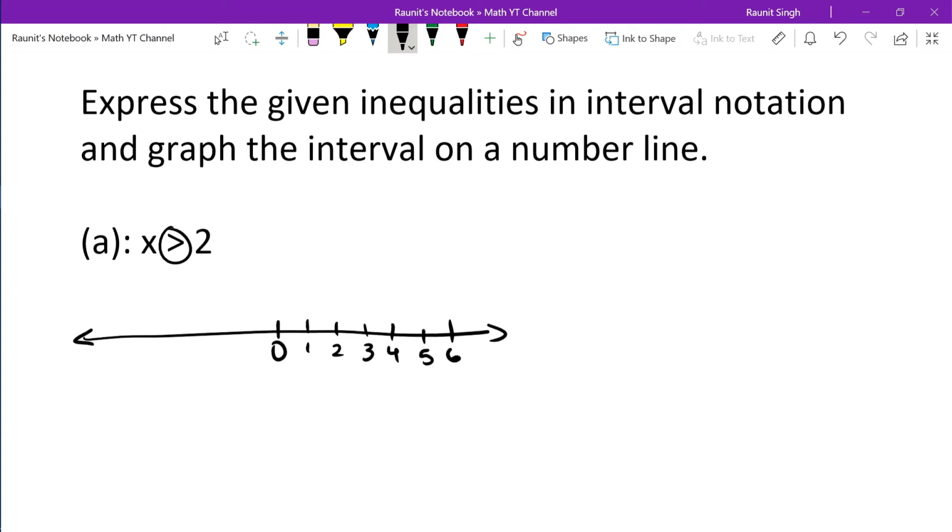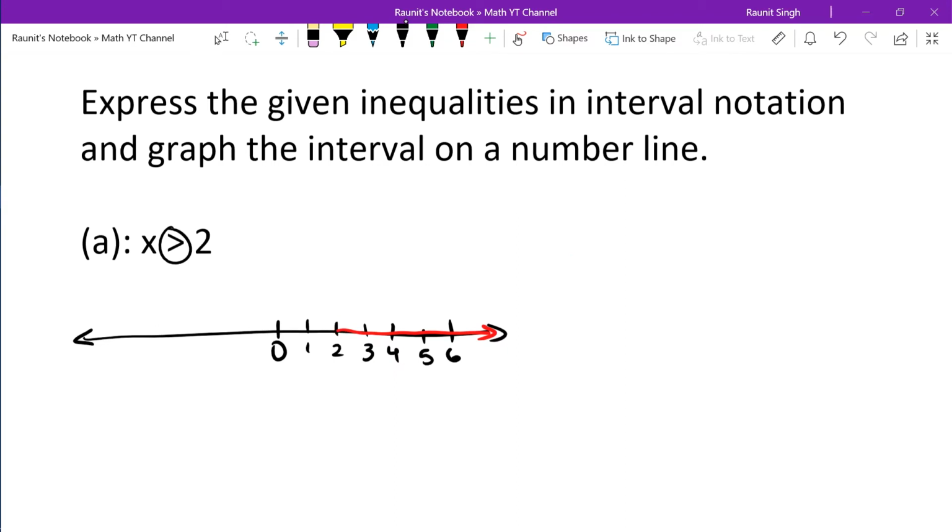One way you can graph it is by putting the parentheses like they show, and then putting the line. Another way you can do it is, instead of the parentheses, you can just do an open dot, and if it's a greater than or equal to or a less than or equal to, then you would do a closed dot.